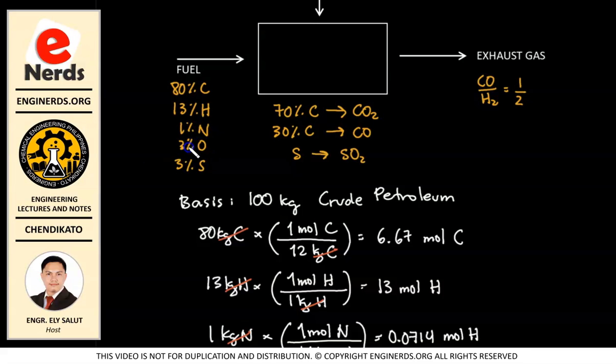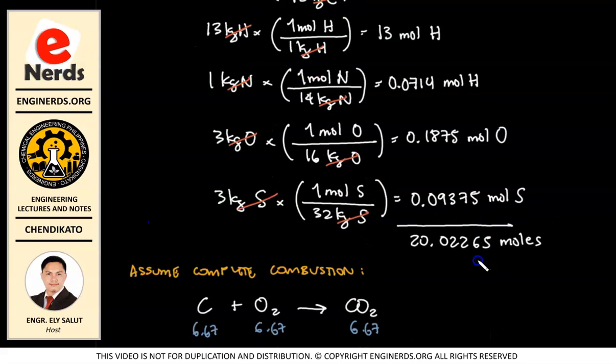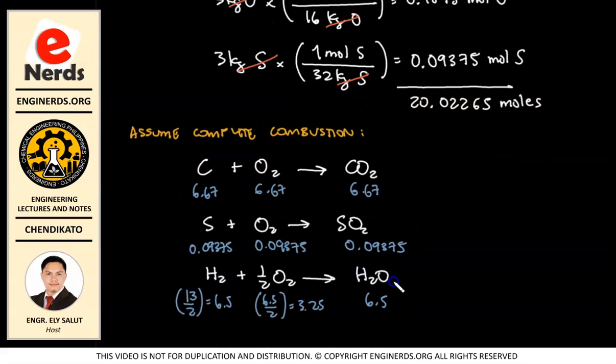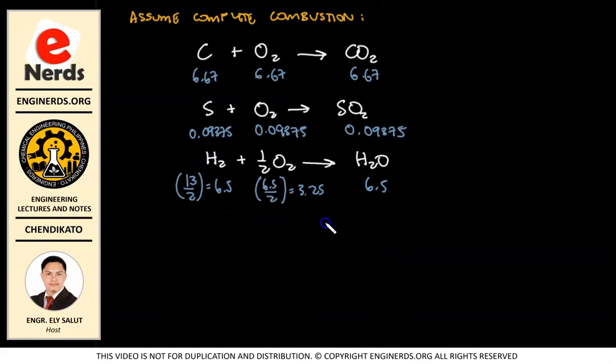We have 3% oxygen here, which is 0.1875 mole of O. Whenever we calculate theoretical O2, before considering the oxygen supplied from the air, we need to consider first the oxygen present in our fuel. So we are going to subtract it. Let us calculate for that.